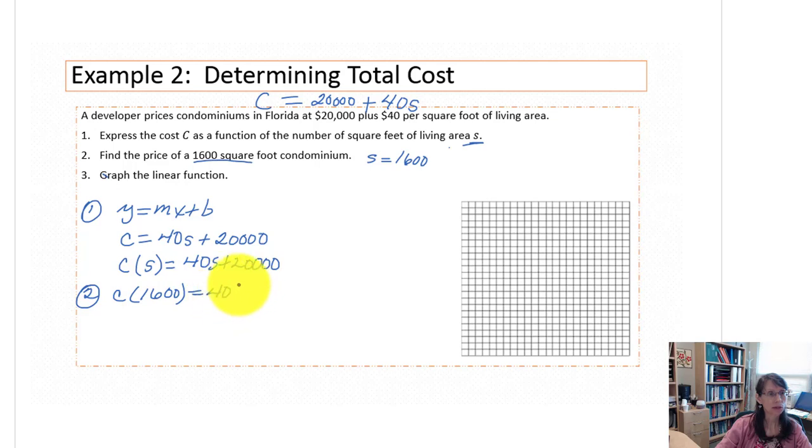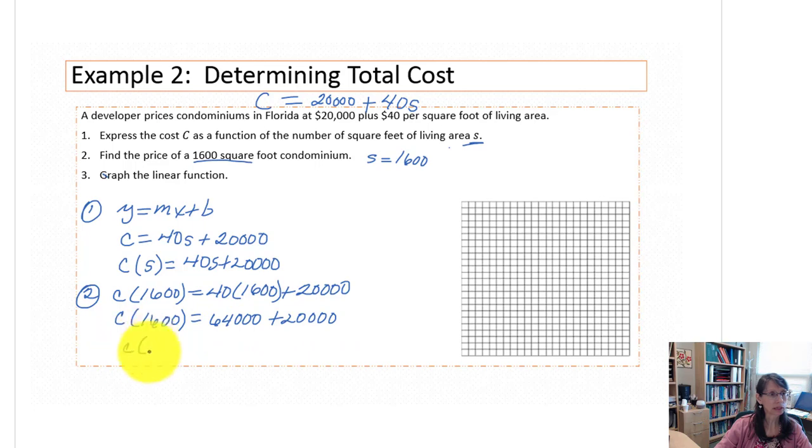So we need to take 40 multiplied by the 1,600, and then we'll be adding the 20,000. So C of 1,600 would equal 40 multiplied by 1,600, and that's going to be 64,000, added to the 20,000 flat fee.